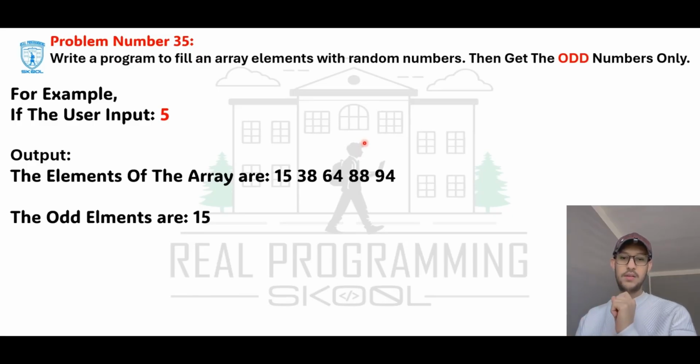So we use it in this problem to fill the array with random numbers, and also to check if there are any odd numbers among them, according to the length the user gives. If it was 5, we have 5 numbers and we check which of them are odd.